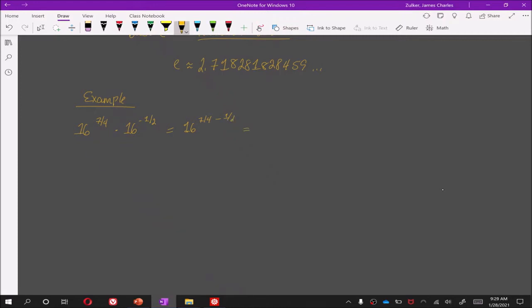So this is then 16 to the 5 over 4. We can write 16 as 2 to the 4th. So this just becomes 2 to the 4 times 5 over 4, which is 2 to the 5th, which is 32.